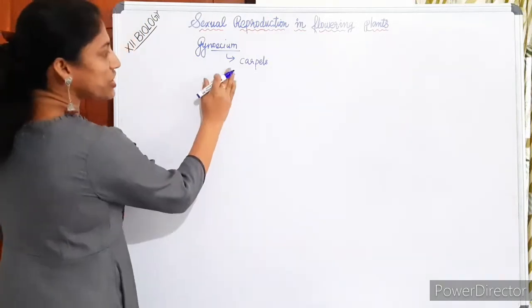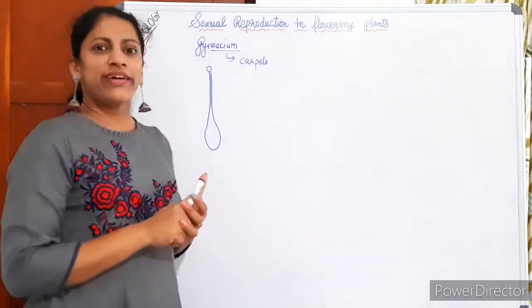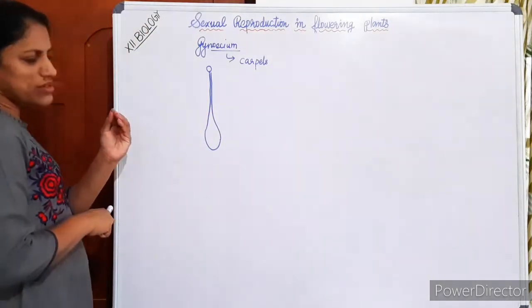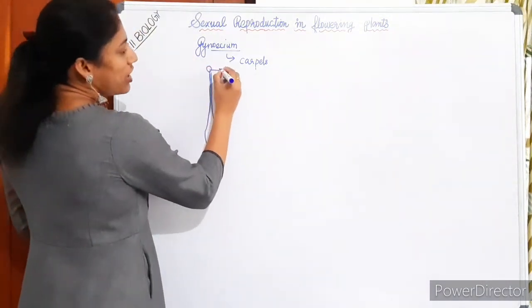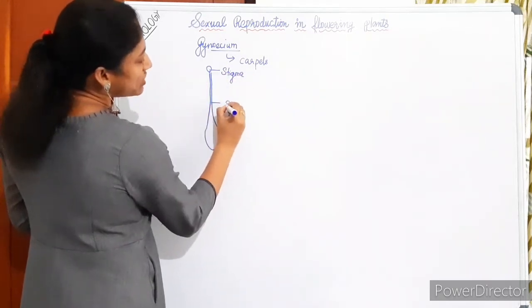Then what is the structure of a carpel? You have already learned the structure in last year's +1 syllabus. Anyway, just to have a simple idea, a carpel has stigma, style and ovary as its three parts.